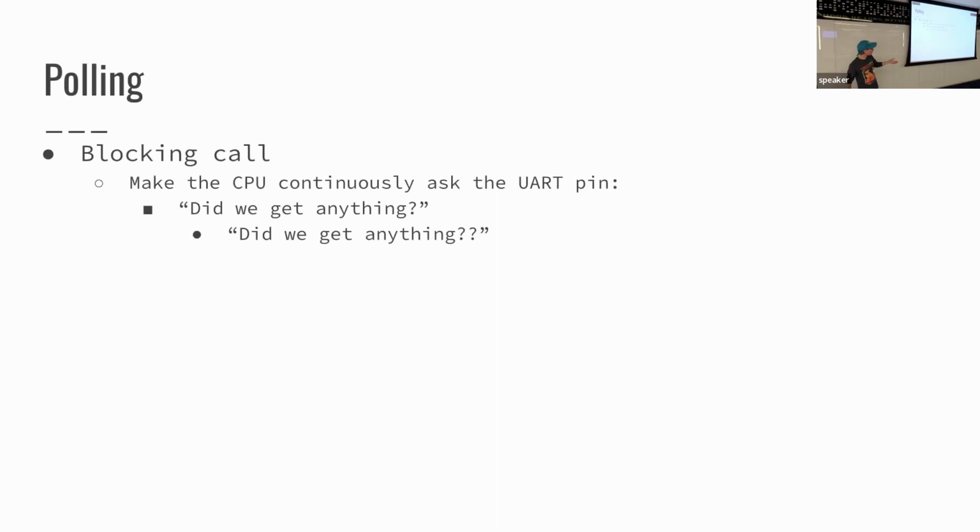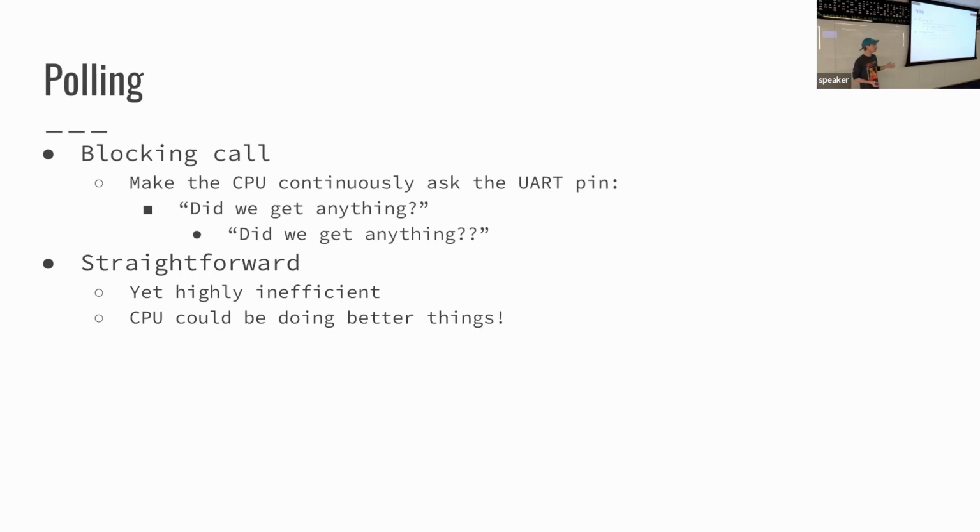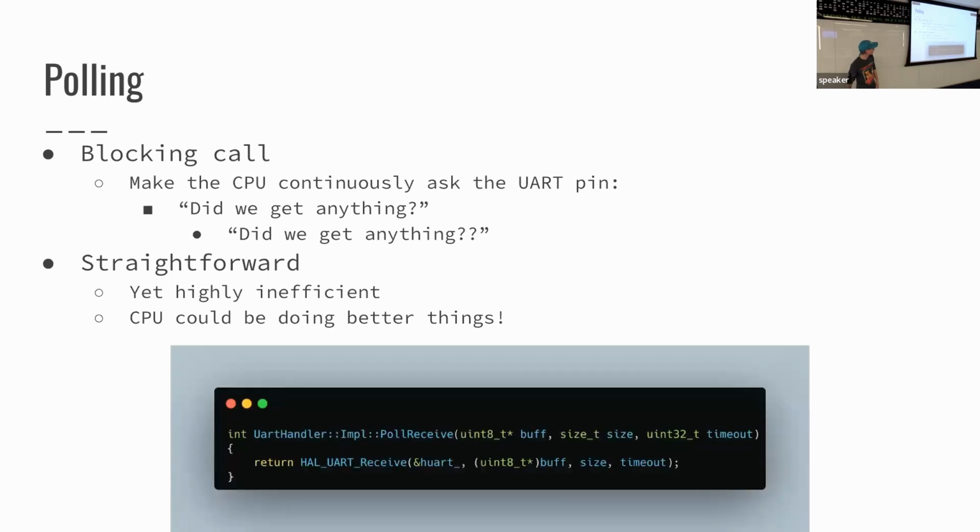It's an option, but it's a blocking call. Basically, we read that pin over and over again. Again, that's where bare metal stuff kind of comes into play, because you're actually reading the hardware register over and over again. The problem is the CPU really shouldn't just be sitting there doing this over and over again, because you only have one core, and you need to be doing things like calculating audio coefficients and whatnot.